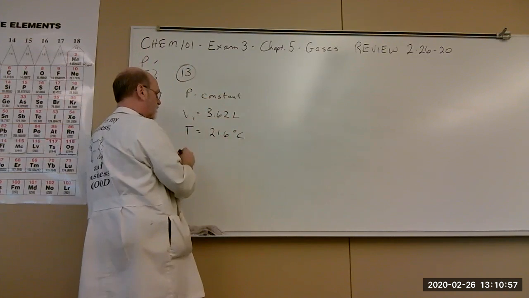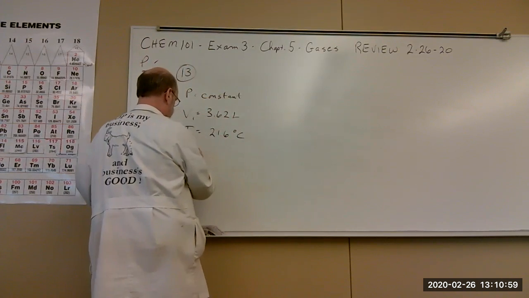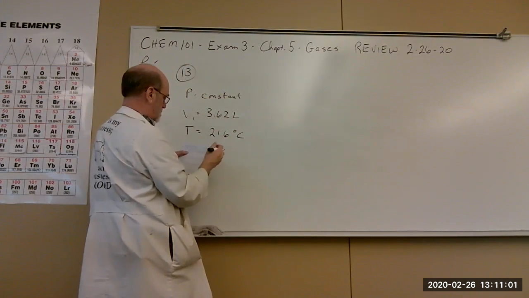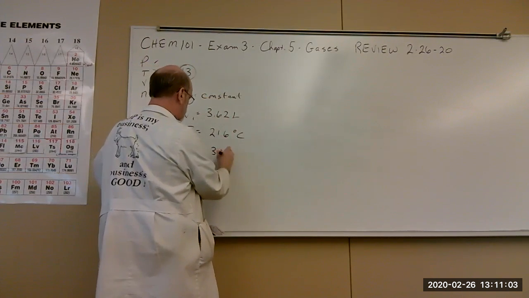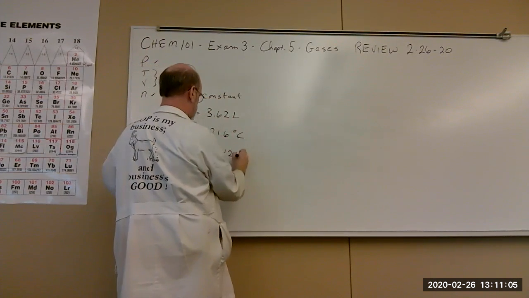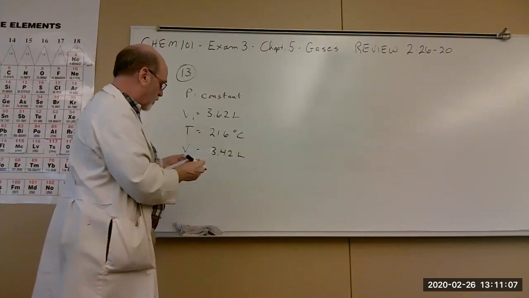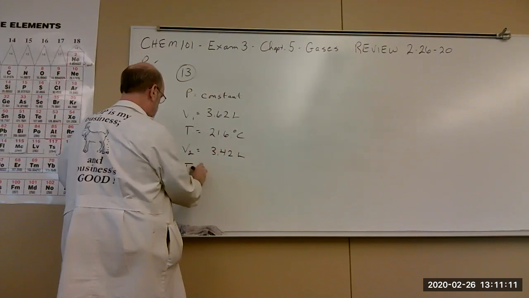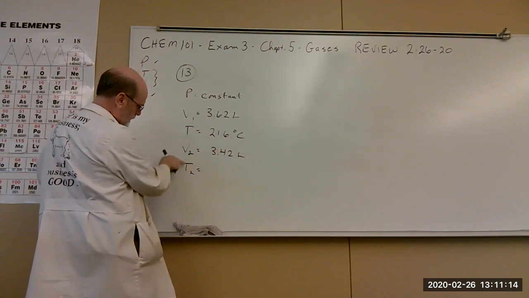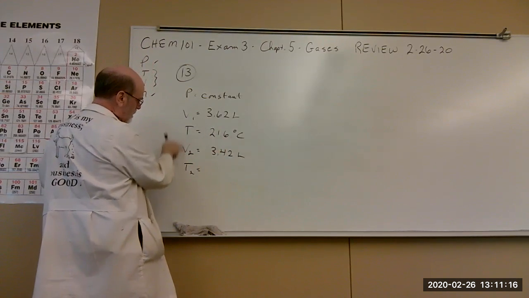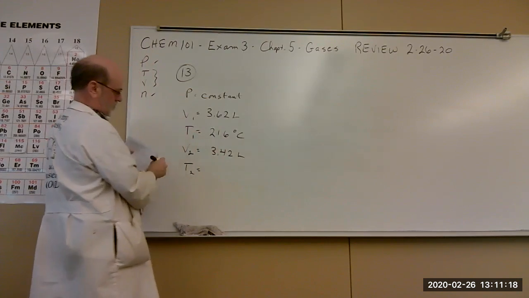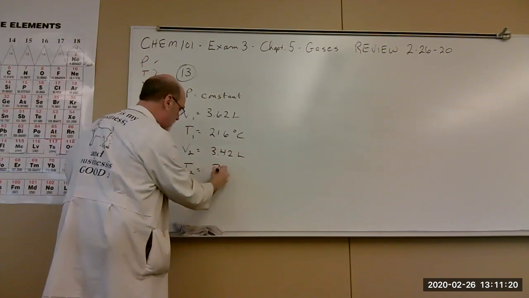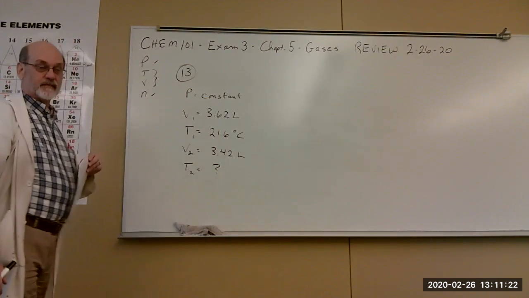This is one volume, and this is the second volume, 3.42 liters. And the question now is, determine the temperature at which this occurs. So these are related. And the question is, what's that one?